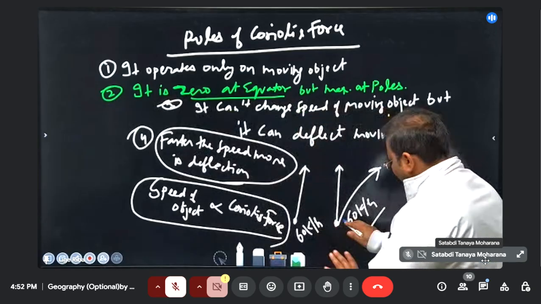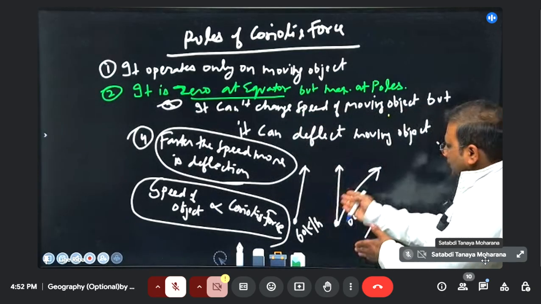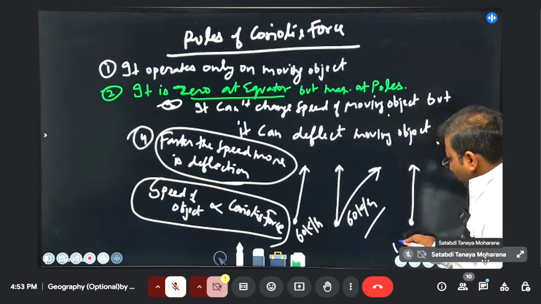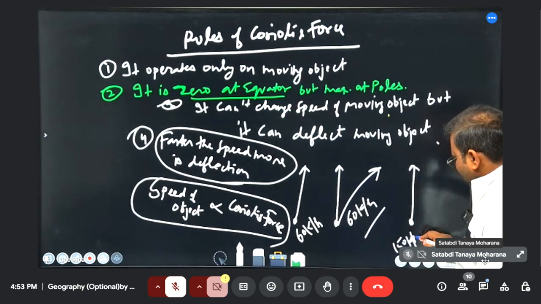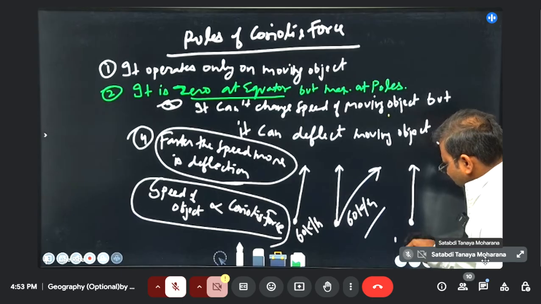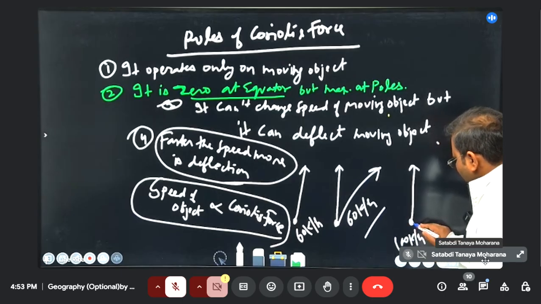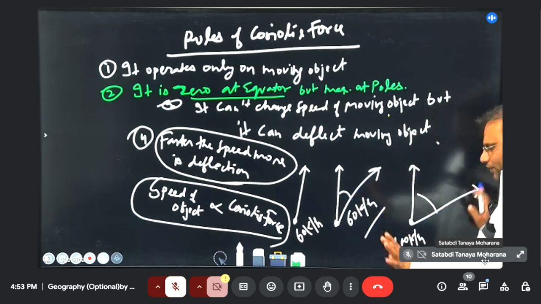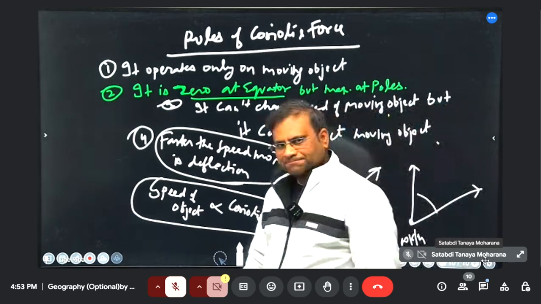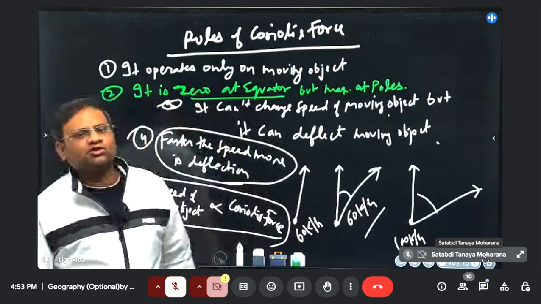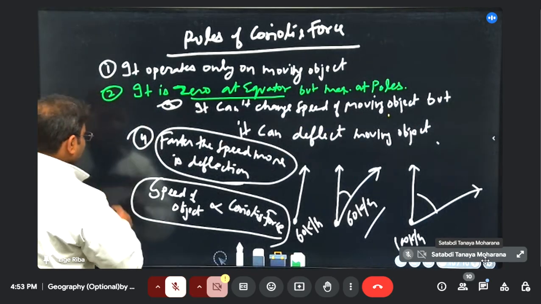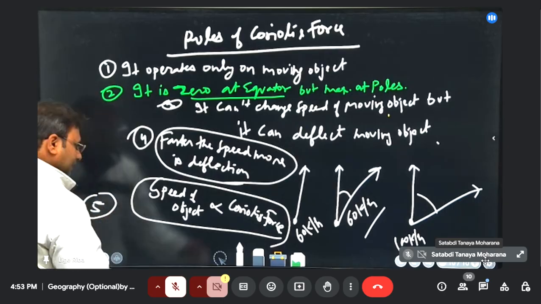If the object is moving at 60 kilometers per hour, this much is the deflection. But imagine the object is moving at 150 kilometers per hour, or say take a realistic figure, 100 kilometers per hour. So deflection will be more. Here is only this much deflection, but here is more deflection, because now more relative motion comes into existence.